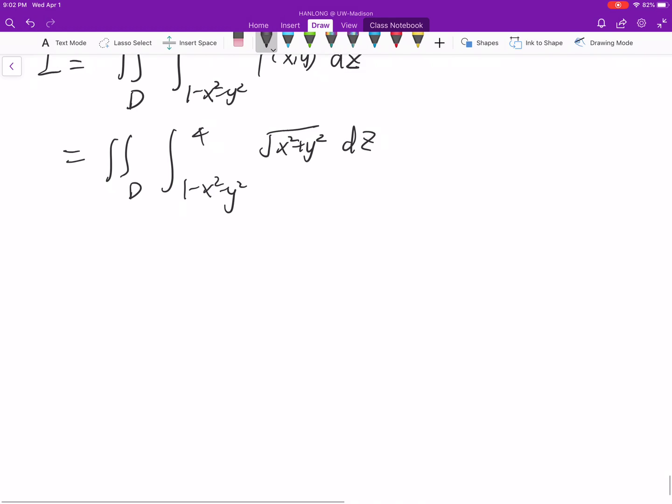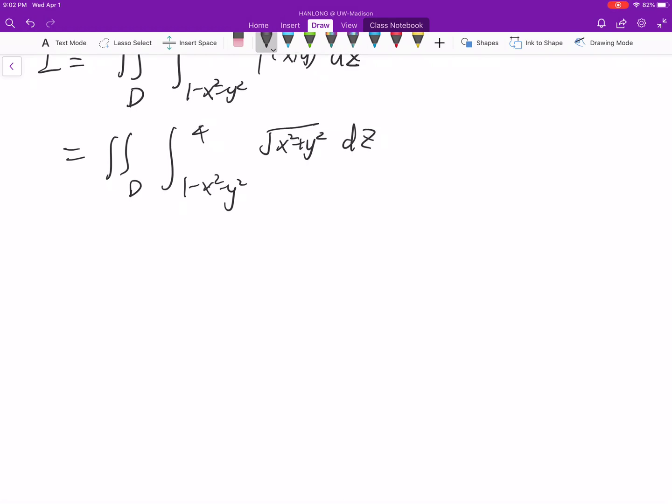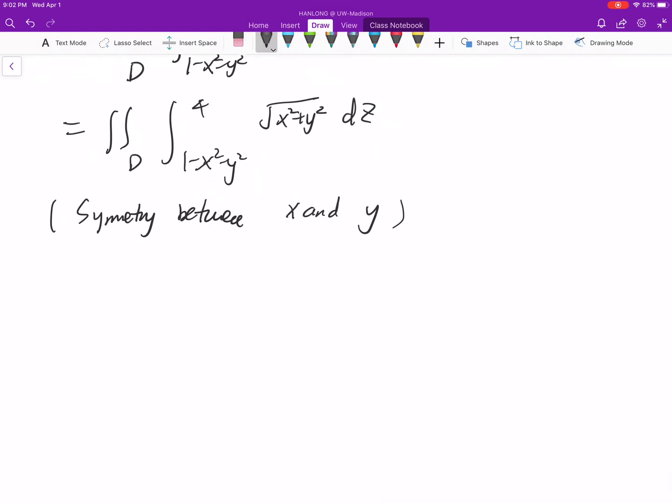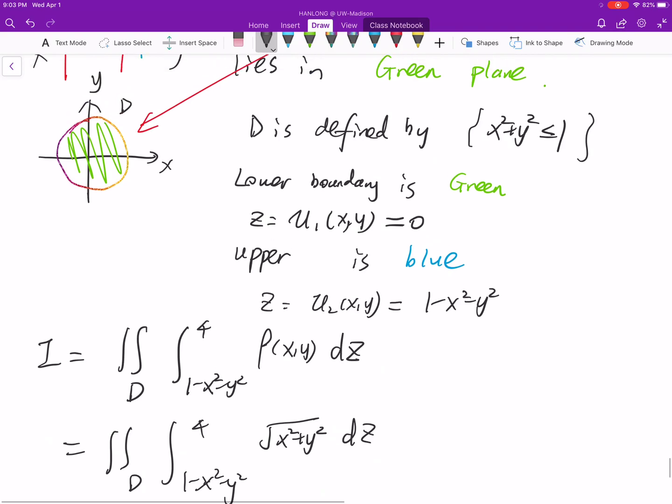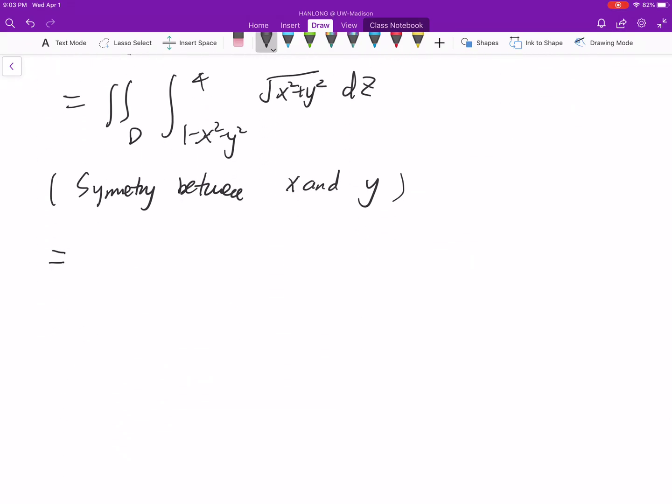And then in the following, you will see you have symmetry between x and y. That means if you change x to y and y to x, the integral is the same. Then the domain is also symmetric. You can rotate it, so you use polar coordinates.